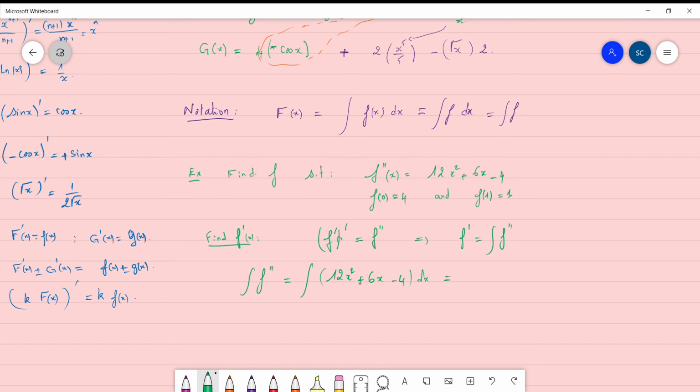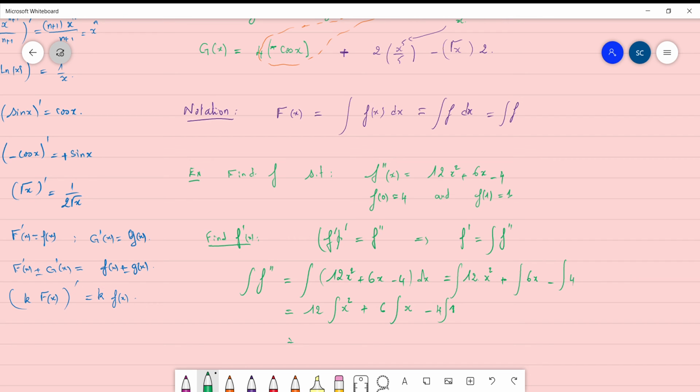So I can say it's 12 times an antiderivative of x^2, plus 6x, minus 4. Then, second step, it's 12 times an antiderivative of x^2, plus 6 times an antiderivative of x, minus 4 times an antiderivative of 1. I can do that also.